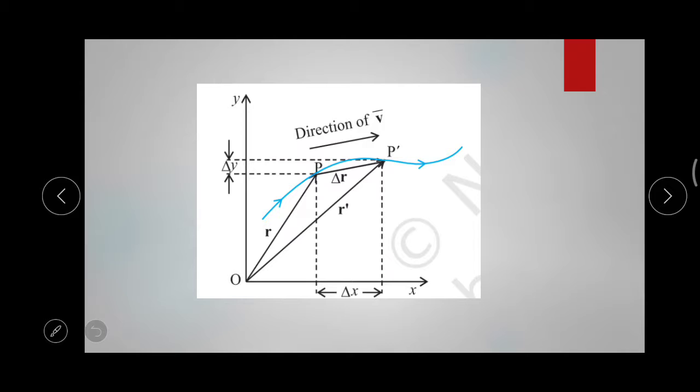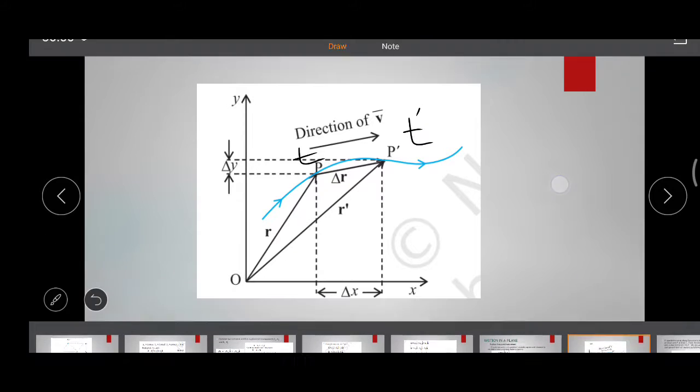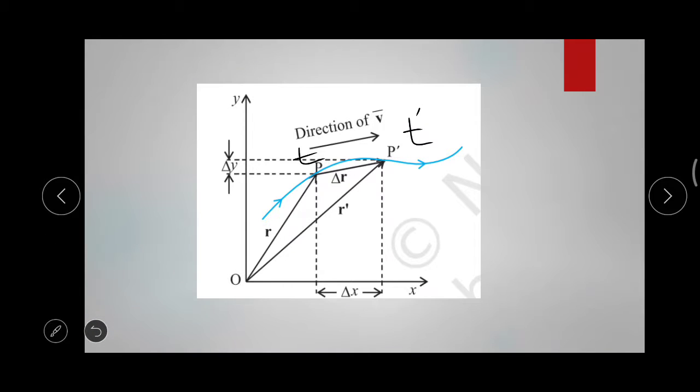Now the displacement vector. The displacement vector is actually the difference between, or the distance between, two points. Here you have 2 points, P and P dash. The particle was at the point P at a time t, and at the point P dash at a time t dash, where the position vector of P is r and r dash is the position vector of P dash.